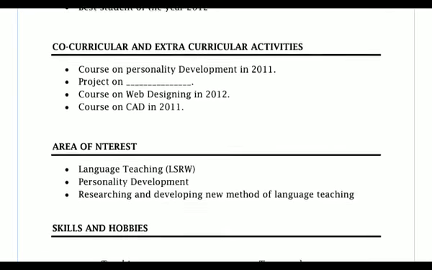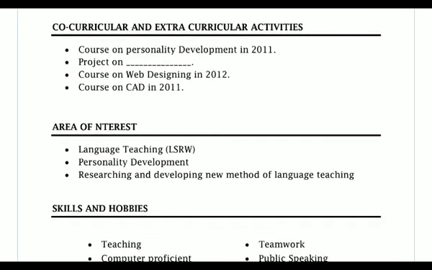After that, your area of interest, which is related to the post you are applying for. Language teaching with the 4 skills LSRW. Second, personality development. Research and developing new methods of language teaching. These are the areas of interest. Your area of interest must be different, because this is a resume for the post of English professional.